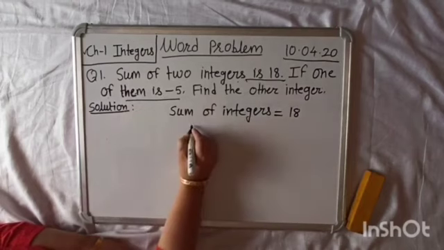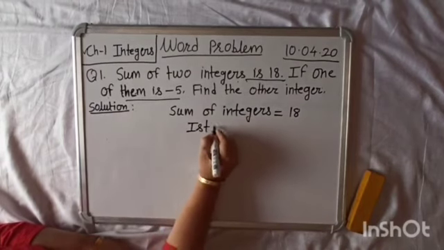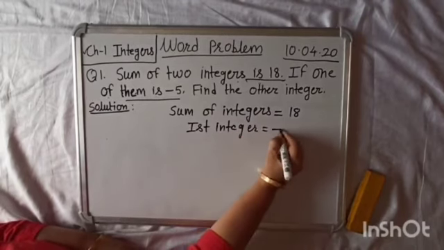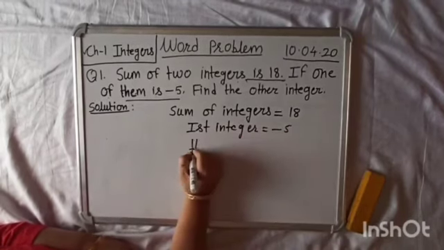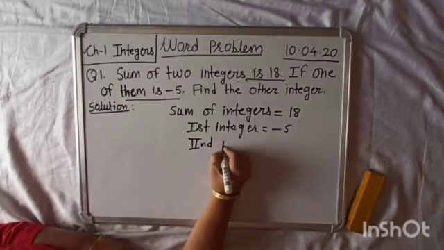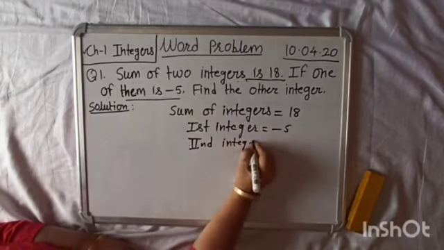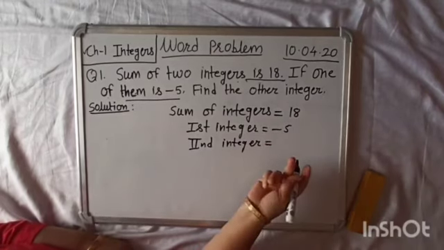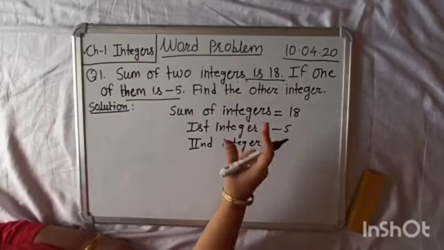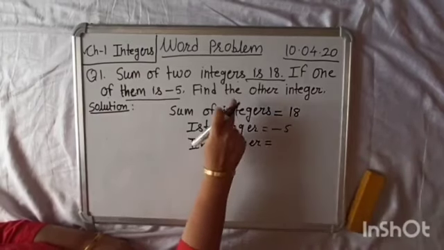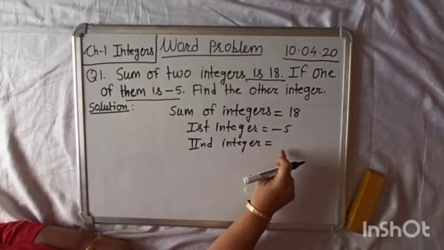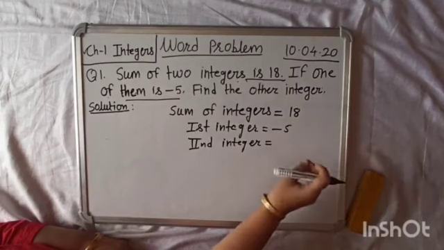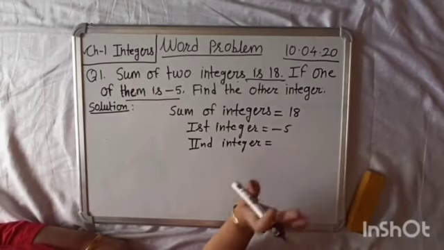And the first integer is minus 5. Now find the second integer. You can take it as x. For finding anything, you have a choice. You can take the number that you are going to find as x and form a linear equation, or you just subtract them. That way you want, you can do.